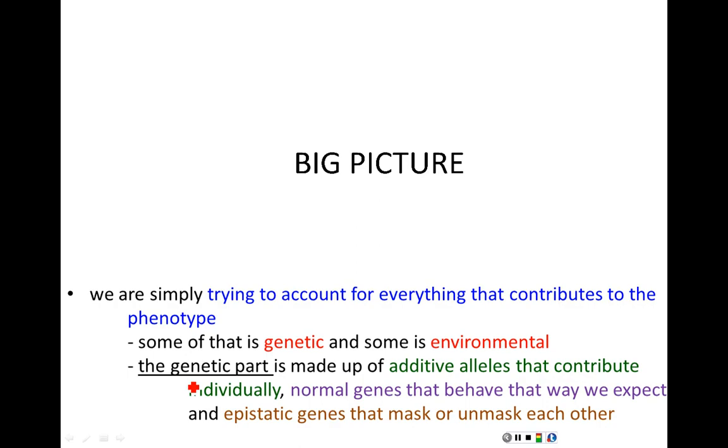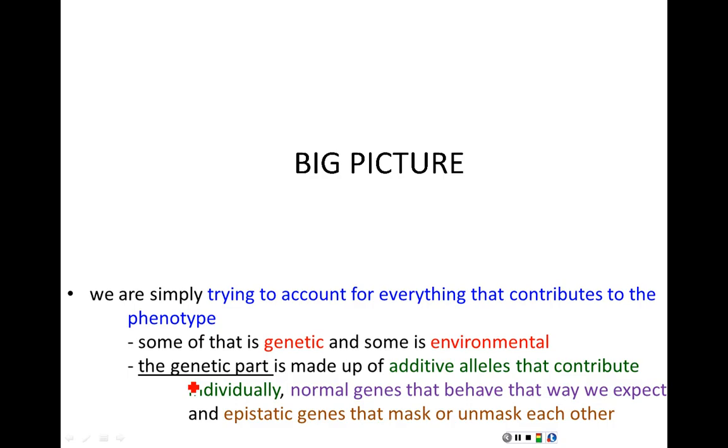But we're breaking the genetic part down, and we're saying it's not enough to say that there's genetic variance. There are actually differences in height in people due to genes for 3 different reasons. Some of those genes work additively, where each positive allele contributes to height, and we call that additive genetic variance. Some of those genes that affect height follow the classic Mendelian laws of dominance.